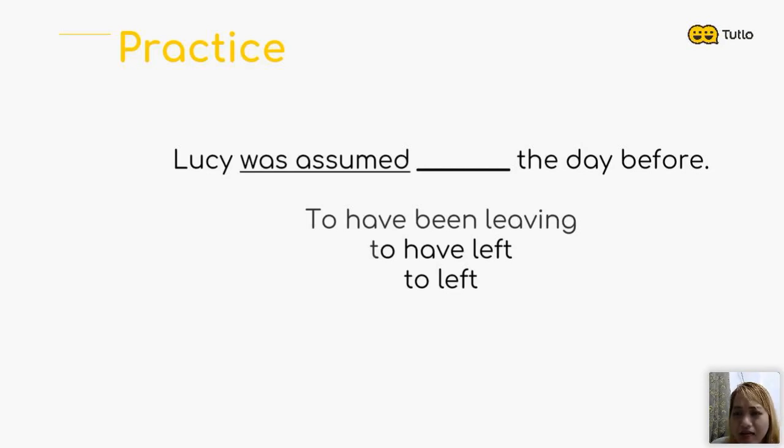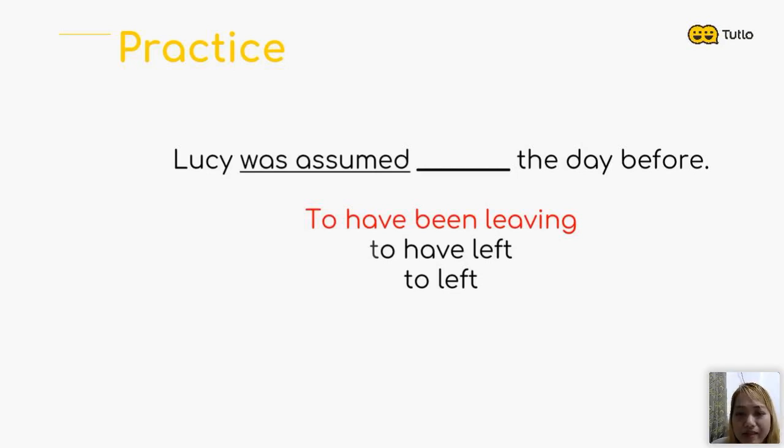Thank you, Elena. So here, actually, we're talking about different forms of infinitives, if you remember. Lucy was assumed to have been leaving a day before.